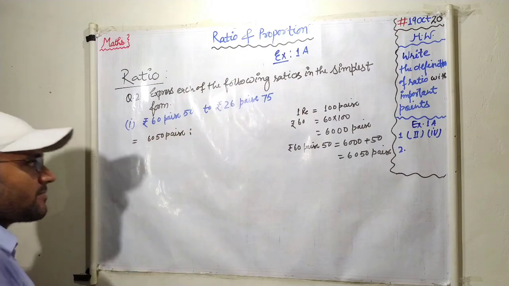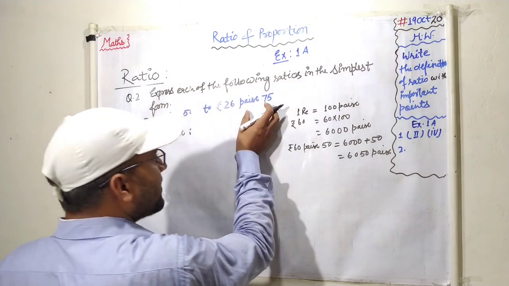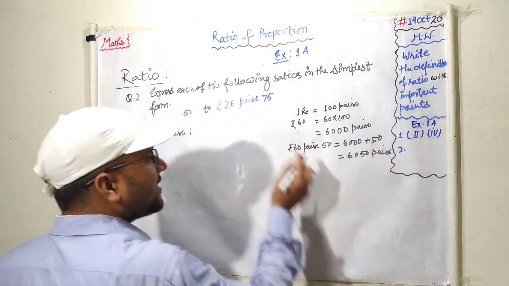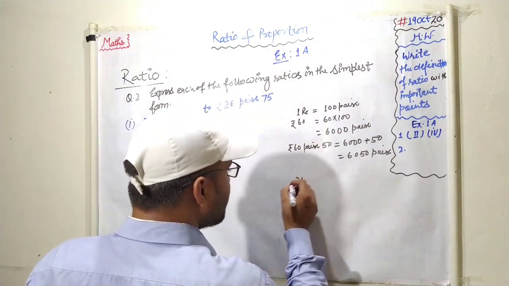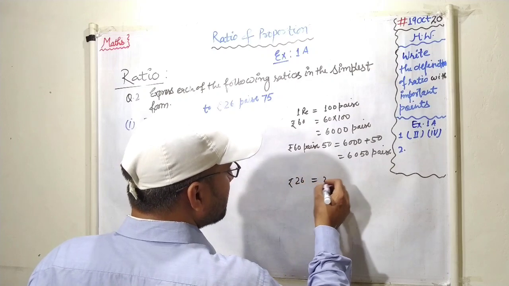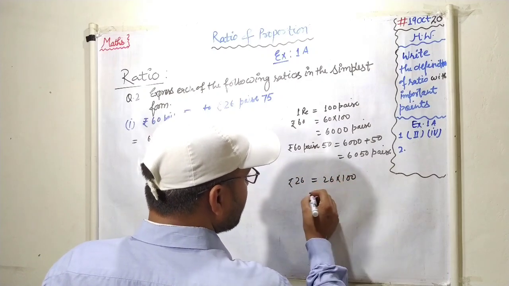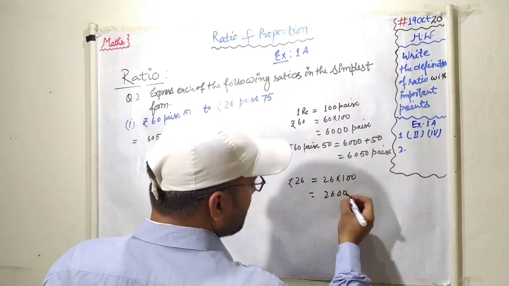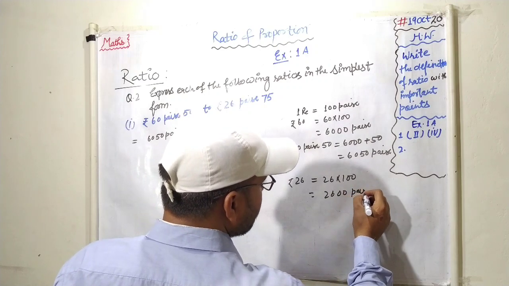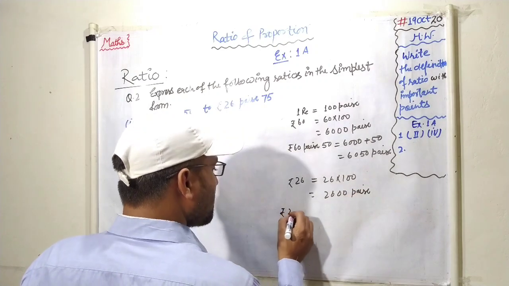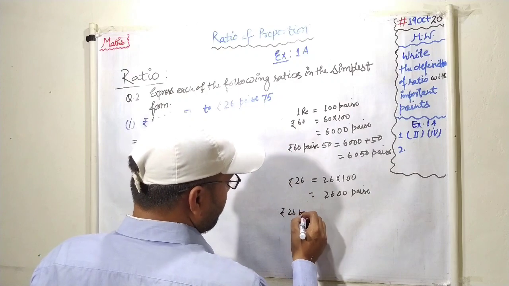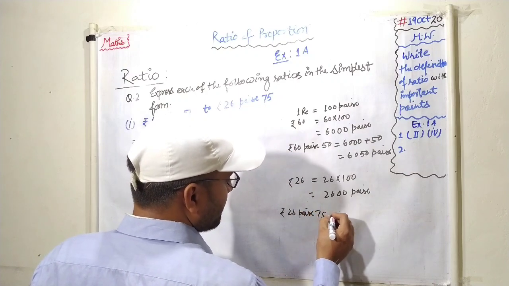Ratio, this 26 rupees and 75 paise, same as it. 26 rupees is equal to 26 multiplied by 100, 2600 paise, then 26 rupees 75 paise, students.